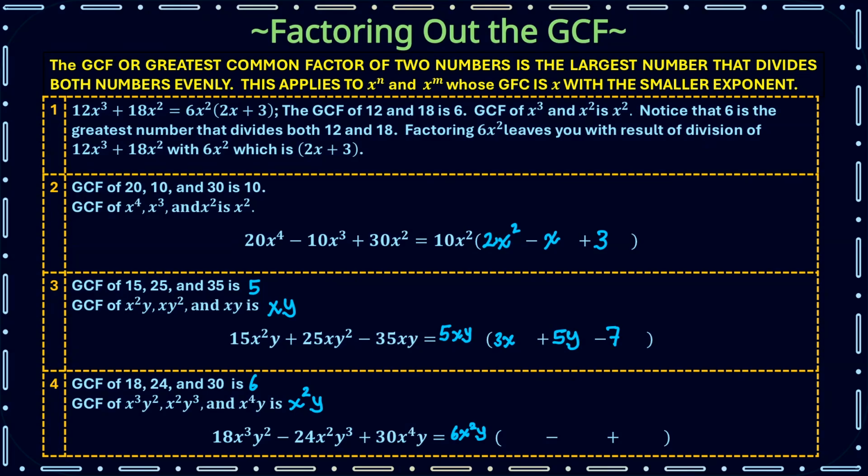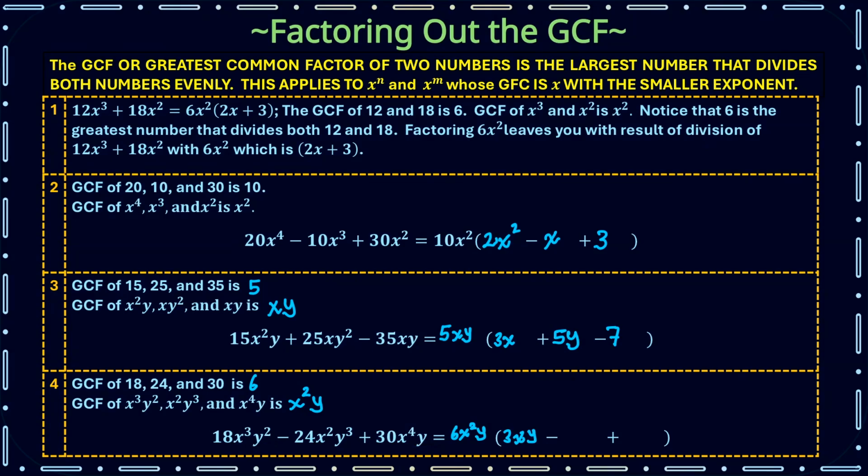To factor that out, again, divide every term by 6x squared y. Let's start with the coefficient of 18. 18 divided by 6 is 3. We have x cubed divided by x squared, that is x. And then we have y squared divided by y, that's y. So 3xy is the first term inside the parentheses.